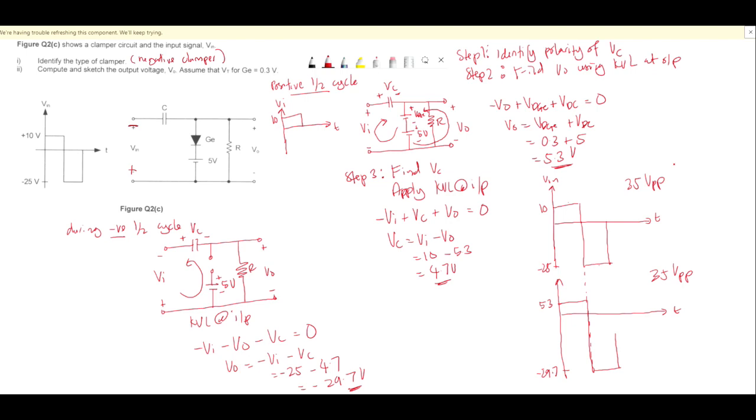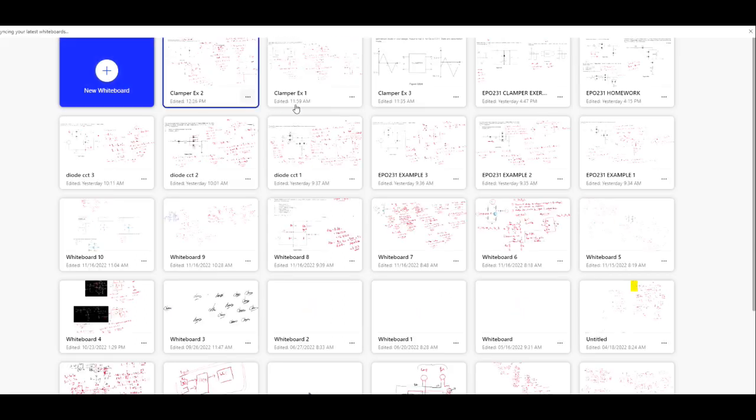For the negative clamper, the waveform shifts down. For the positive clamper, the waveform shifts up. Okay, that's it for the tutorial for the negative clamper. So we move to the last question. Question number 3.